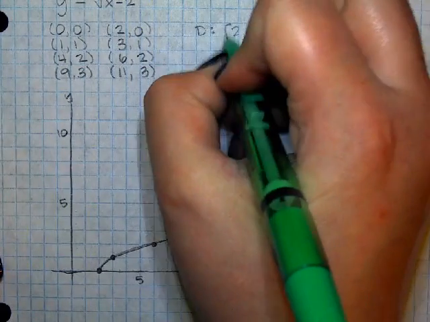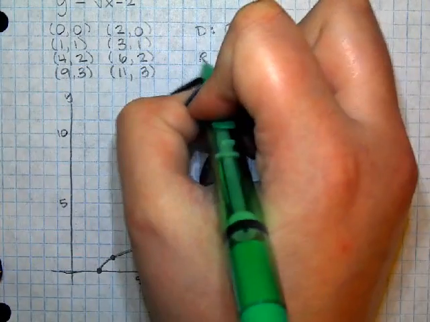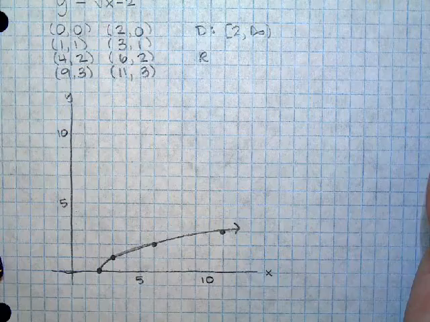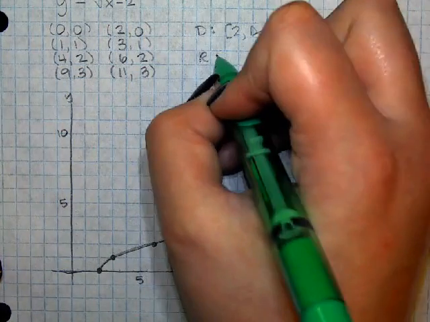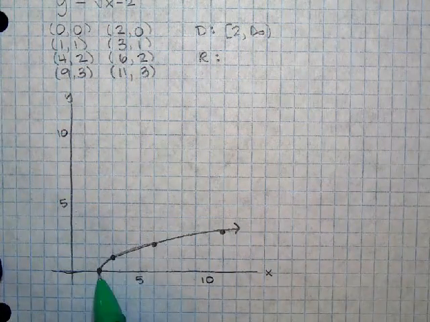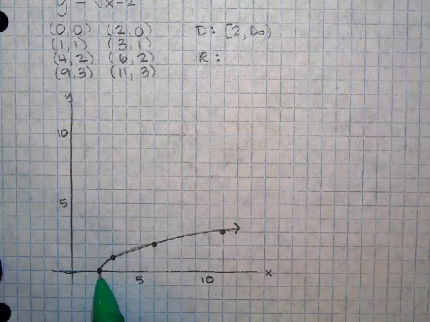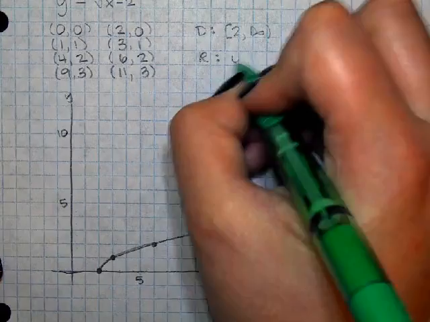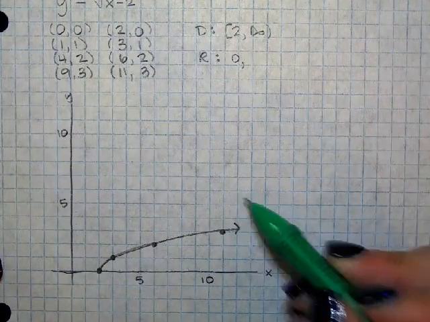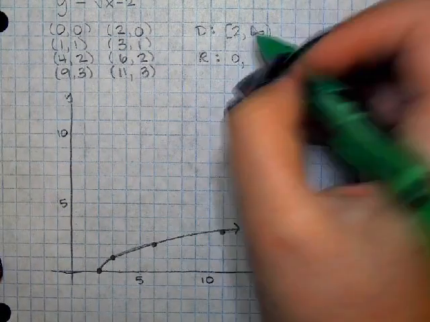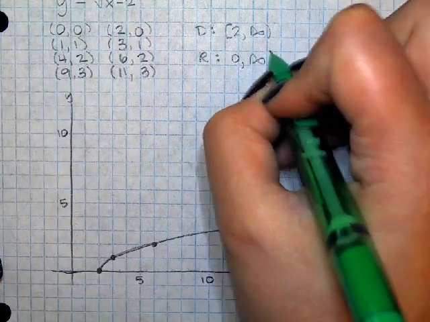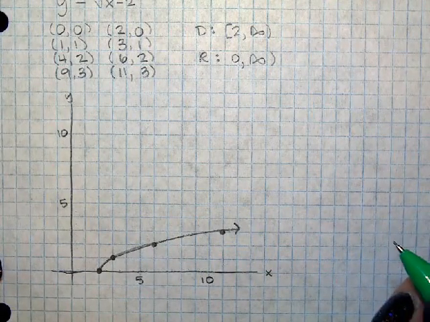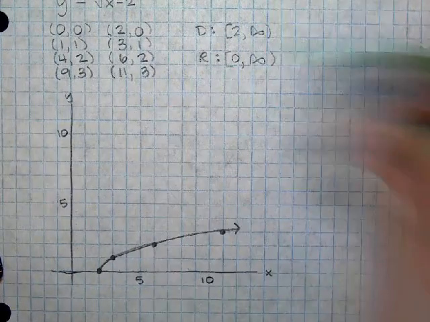That's a bracket. All right, what about the range? 0 to infinity. So the furthest down that it goes is a y-coordinate of 0. The furthest up that it goes is a y-coordinate of positive infinity, right? It's going up forever. So 0 to infinity. Infinity gets a parenthesis. What does 0 get? A bracket. Okay.